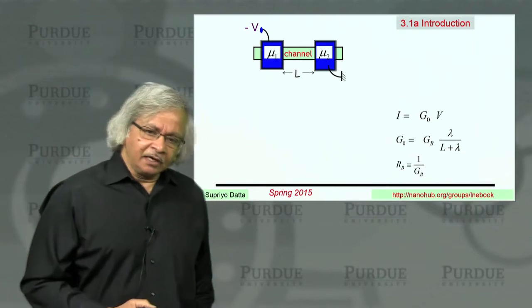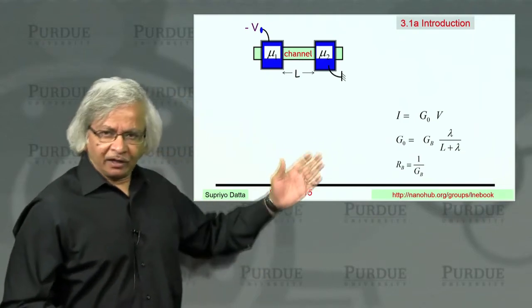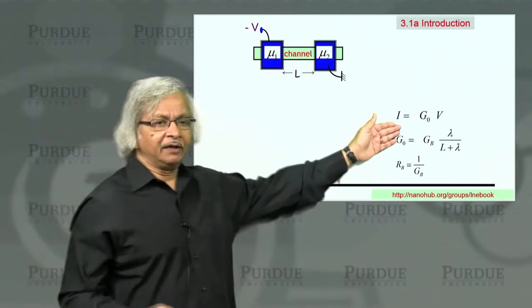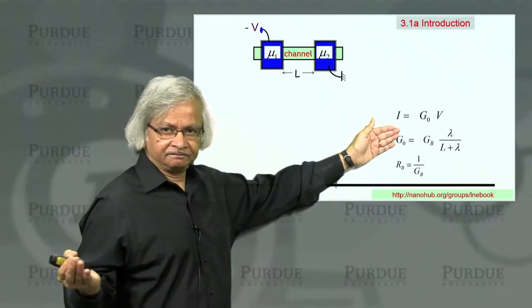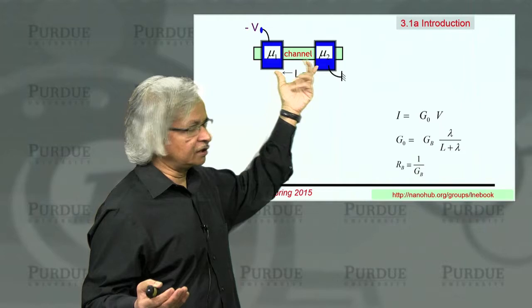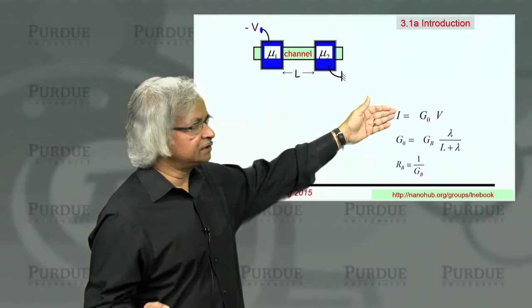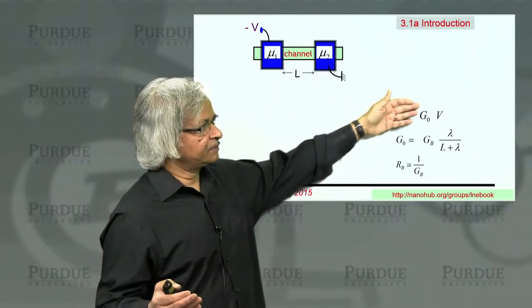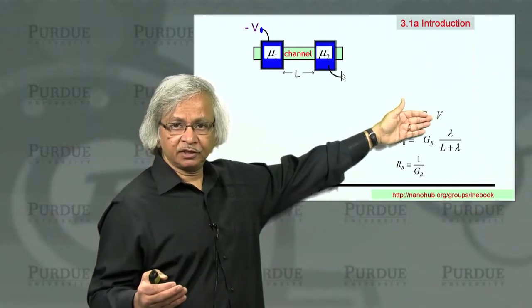Now, what we have done so far, largely in Unit 1 itself, is talk about this channel with a voltage across it, and you can write the current for small voltages as the conductance times the voltage.